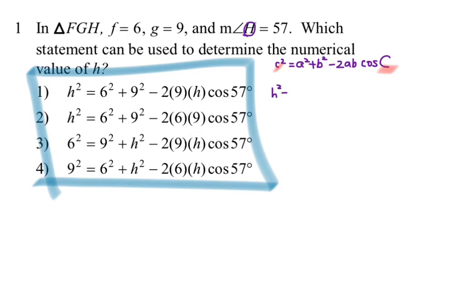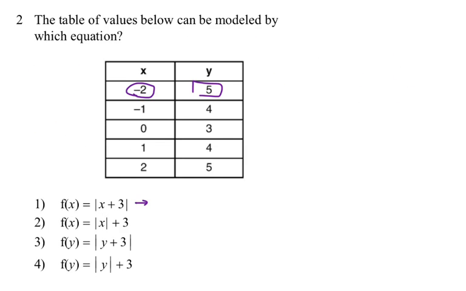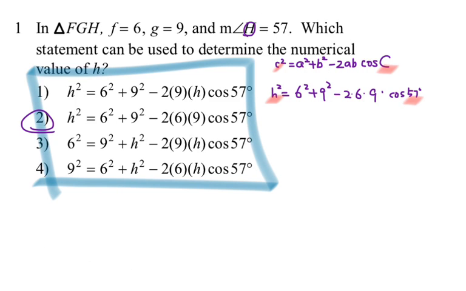Then h is what we're looking for, and then angle h is given, so h and cosine of 57 has to be opposite of the equation. And then the rest of them, we can just fill out as it goes along, as you can see right over here. So in fact, our answer was choice 2.